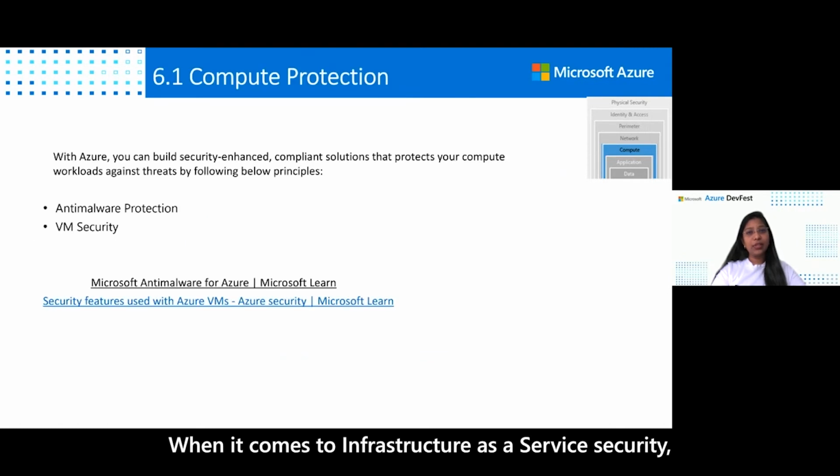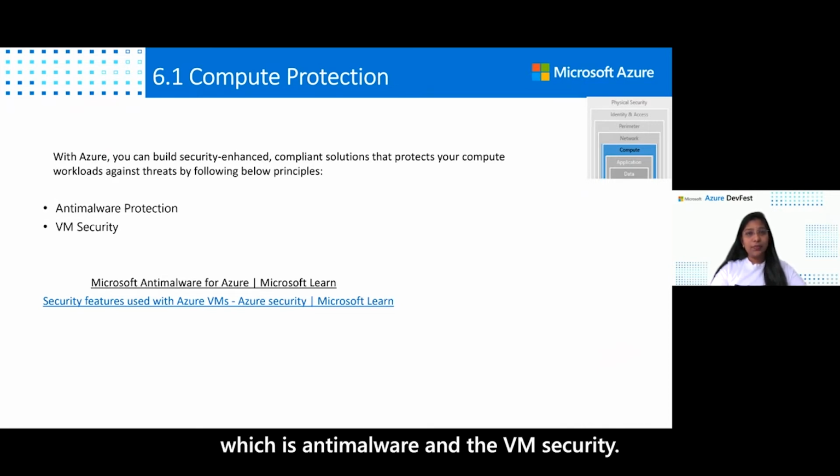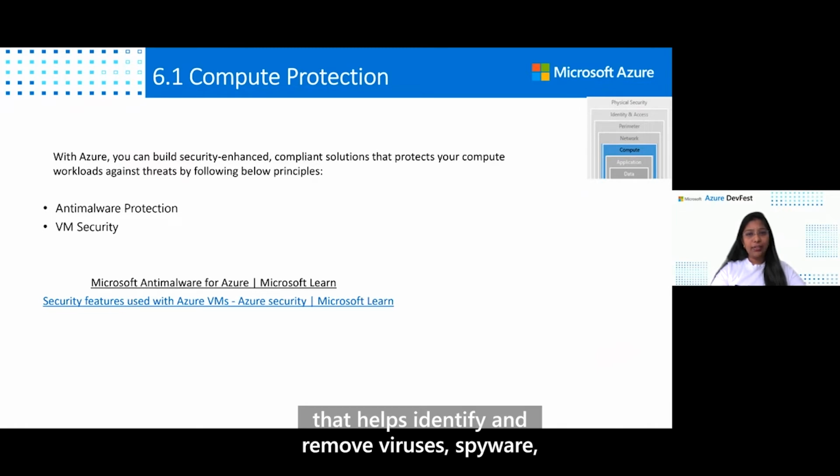When it comes to infrastructure as a service security, building a compliant compute solution is a must. Let's understand a bit more on how we can protect them against the common threats, which is anti-malware and VM security. Coming to the first section, which is anti-malware protection, it is a free real-time protection that helps identify and remove viruses, spyware, and other malicious software to keep your digital estate up to date with the latest platform and signature updates.